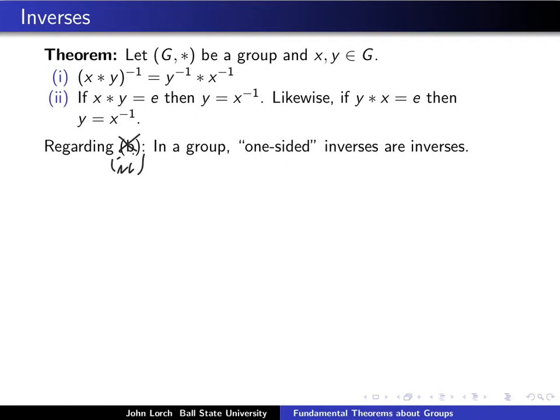Well, in the very first sentence here, notice that we're told that X times Y is equal to E. And that means that it must also be true that Y times X is equal to E. And likewise, if we're given that Y times X is equal to E, then what we're claiming is that it's also true that X times Y is equal to E.